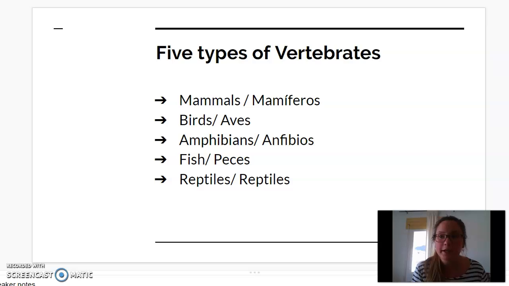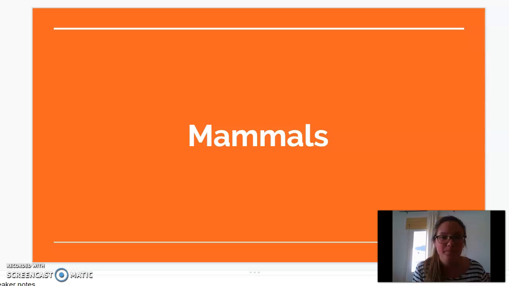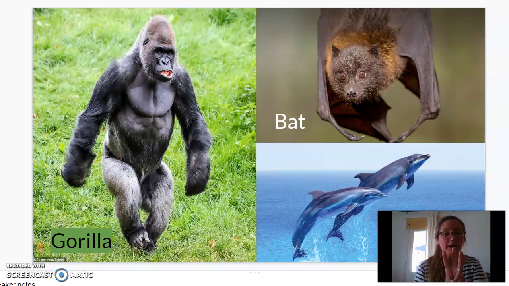Let's move forward and talk about different kinds of mammals. Here are 3 different kinds of mammals. First, we have a gorilla. A gorilla is a mammal. Next is a bat.